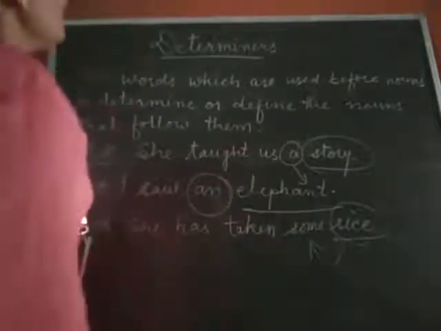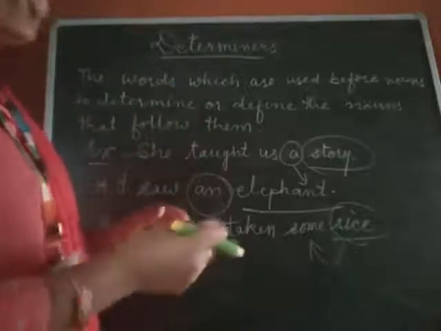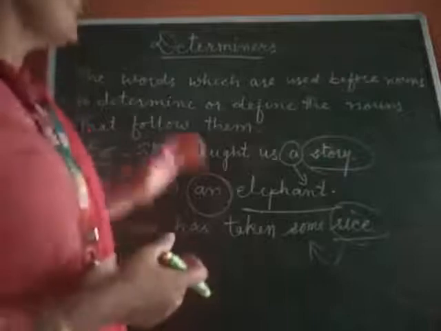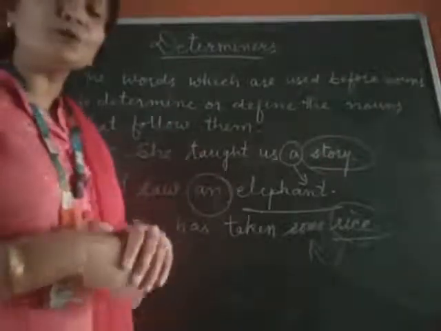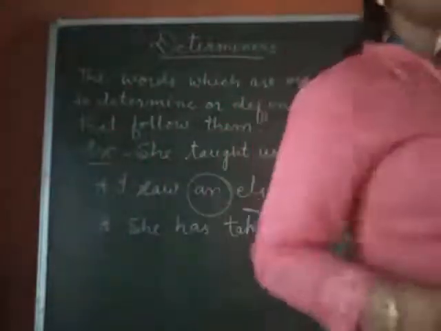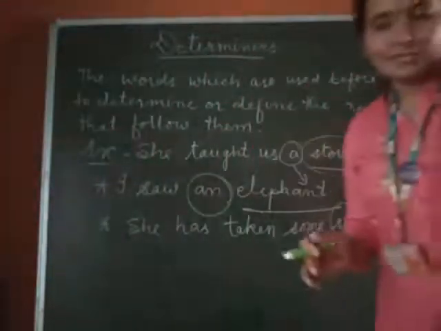Clear? So it is a determiner. Like this there are so many examples we can practice in which we use determiners to fix or determine the meaning of that noun. The words which are used before a noun to determine or define the meaning of that noun are called determiners.